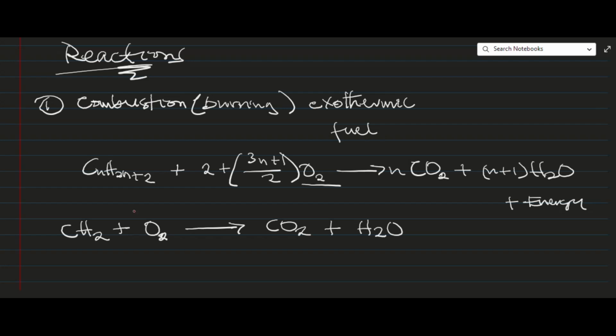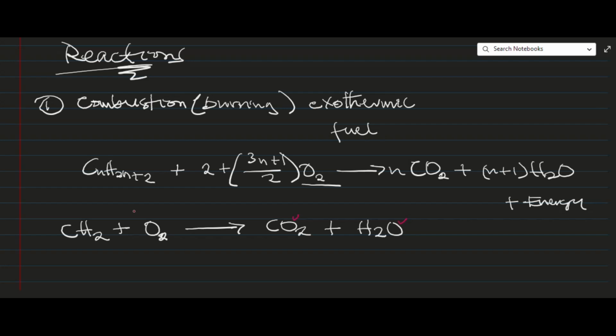So we have one carbon atom, two hydrogen atoms here, two hydrogen atoms. And then we have oxygen now. So how many oxygen atoms do we have here? We have two here, and then we have only one here, making three oxygen atoms. But here we have two oxygen atoms. So how do we balance this equation?